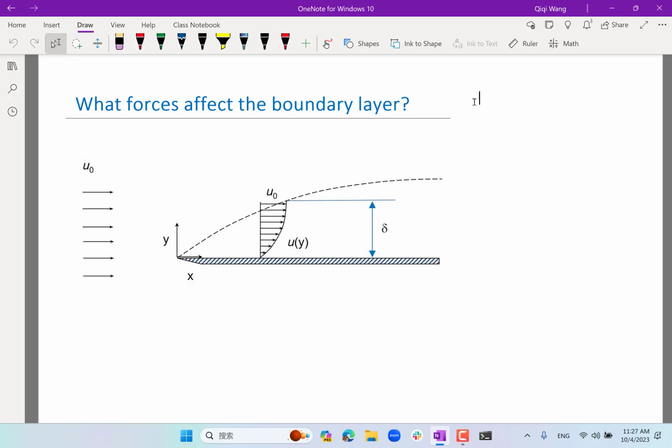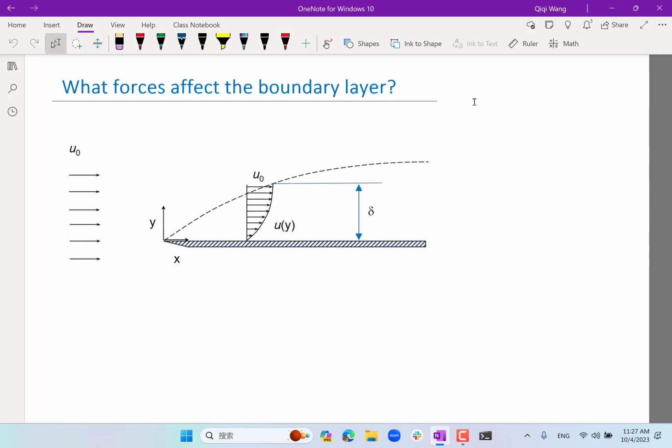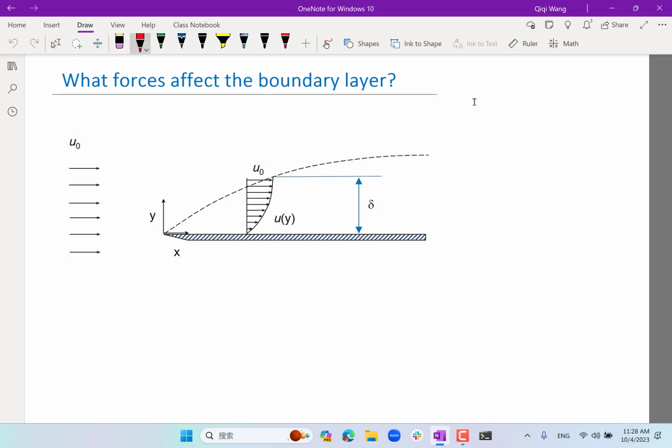Okay, so when we previously looked at inviscid flow, we considered only one type of force acting on the flow, right? Remember when we derived Bernoulli's equation, what is the only force we are considering? Pressure, right? And what is the pressure force per unit volume of fluid?